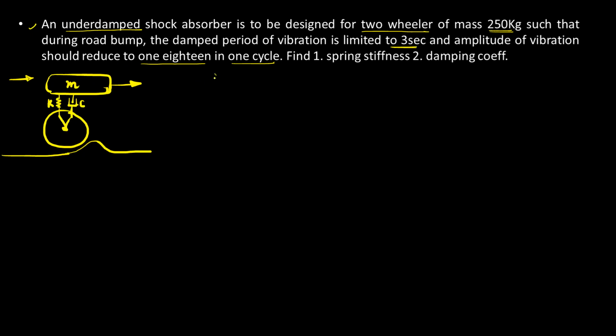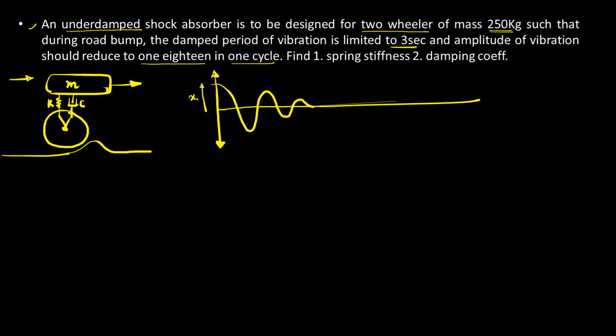So if you plot that graph, so if this is the initial displacement, this is the x0. Okay. This is the x1 value, and this is the one cycle. So after one cycle, the reduction in the amplitude must be 1/18.